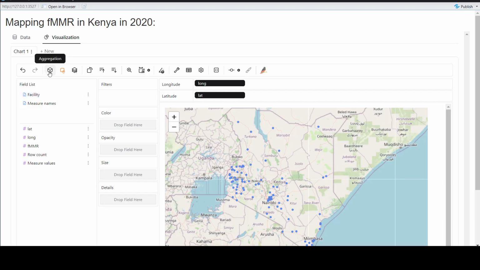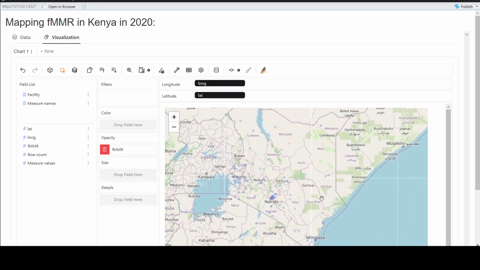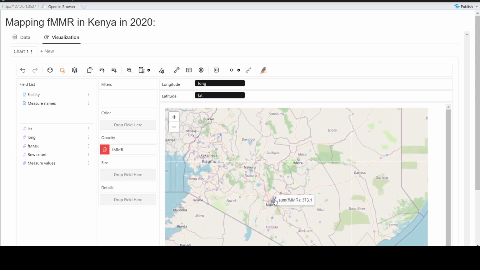We just want to look at the FMMR. So we deselect that. We put FMMR as opacity so that we see where the facilities were which had the highest FMMR. As you can see, it's around Nairobi. Yeah, it's very high. One was 50,000.